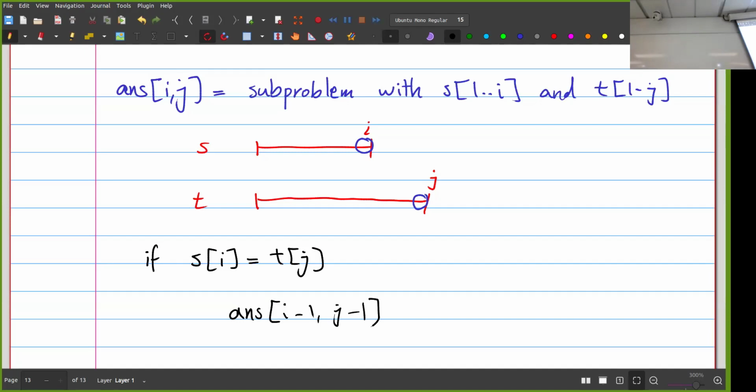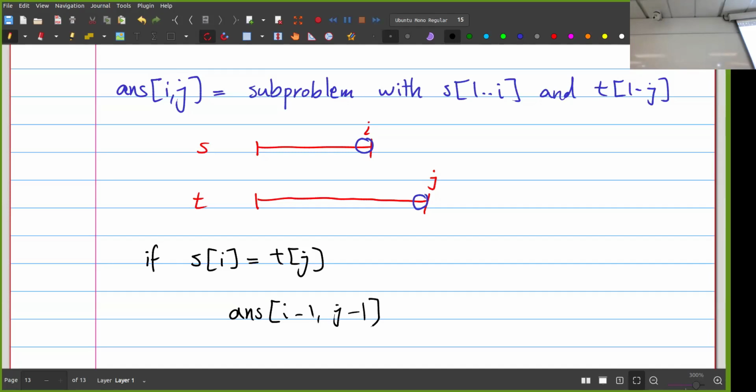If they don't match, I can either try to add something to the end of here, or I can try to remove this letter, or I can try to change it.